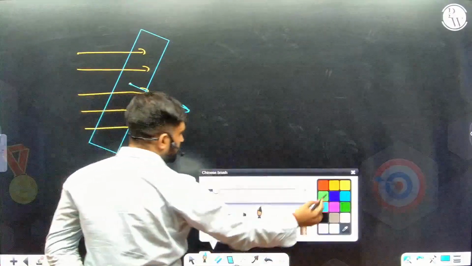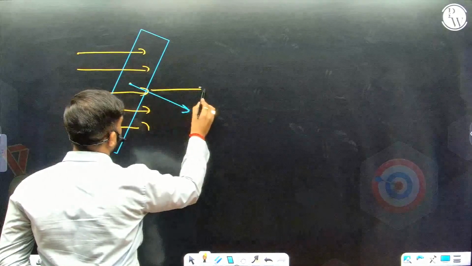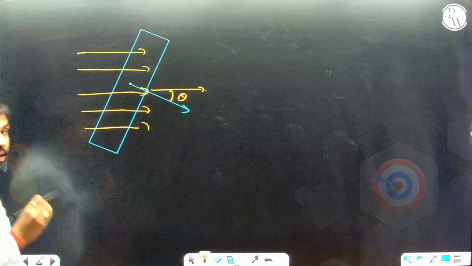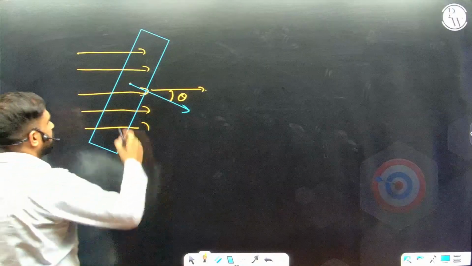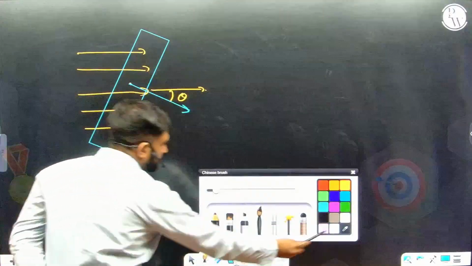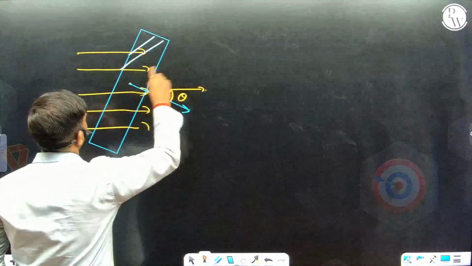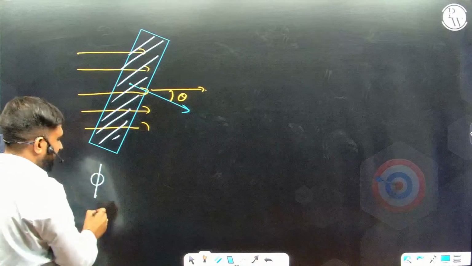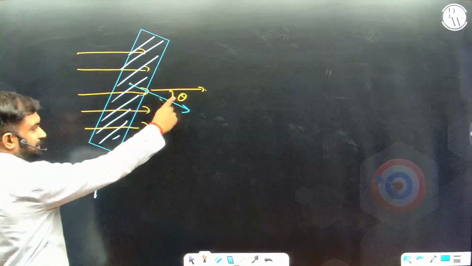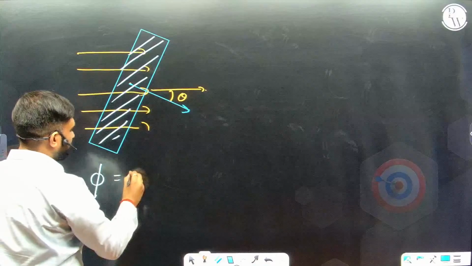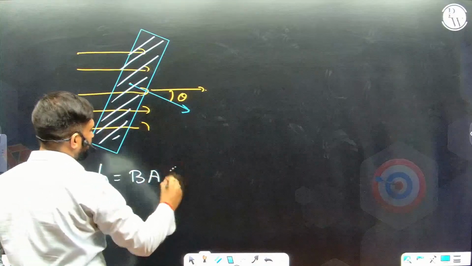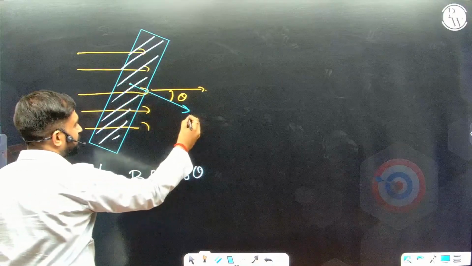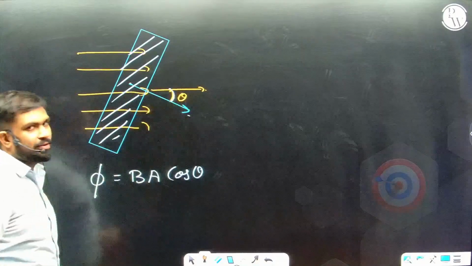In this case the magnetic field lines are horizontal, so it makes an angle theta with it. The angle theta has to be given to us. Then the magnetic flux through this shaded area will be, phi is the symbol of flux, and remember theta is something else, it's an angle. So it will be BA cos theta. Remember theta is the angle between the normal vector, the area vector, and the magnetic field.